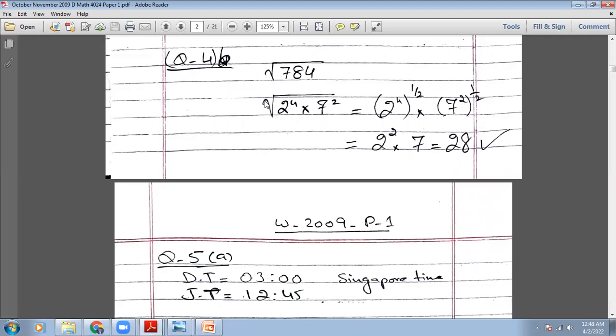So I will apply that power on both of the members: 2 raised to power 4 raised to power 1 by 2, and 7 square raised to power 1 by 2. So 4 multiplied by 1 by 2 is 2, so 2 raised to power 2, and 2 multiplied by 1 by 2 is 1, so 7 raised to power 1. 2 square means 4, multiplied by 7, and that will be 28. Hopefully you understand.